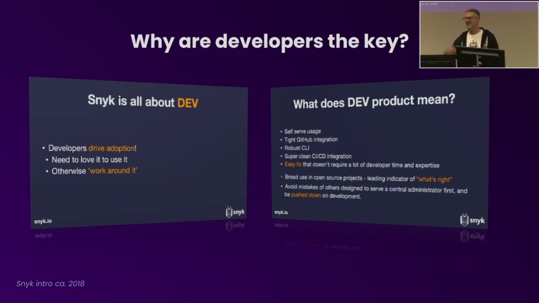How do you get that adoption? You build it as self-service, so there's low friction in getting hold of the service. You tightly integrate it with the repos and the tools that developers use for doing their jobs every day. You build a robust CLI so it can tie into any of the pipelines, and make sure it's simple and easy to use. But the most important thing is you've got to make it easy to actually fix vulnerabilities.